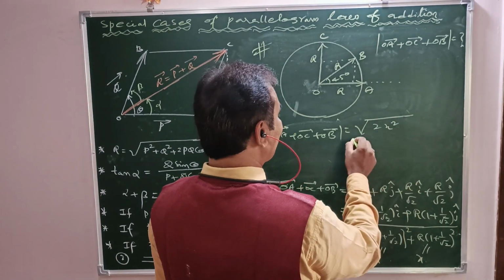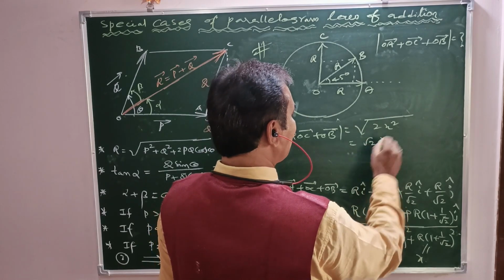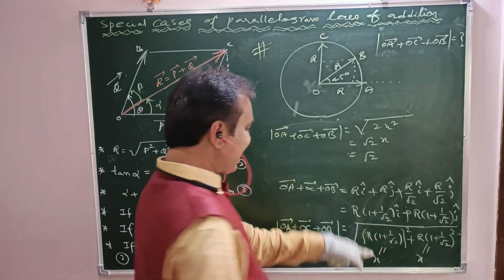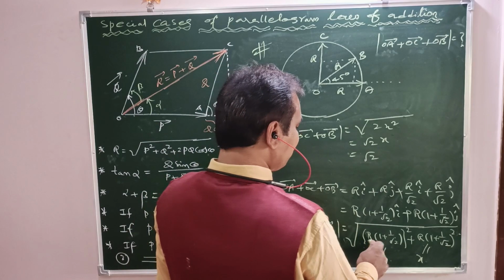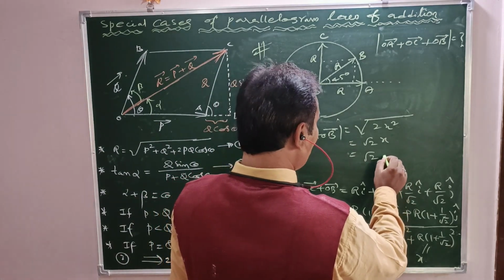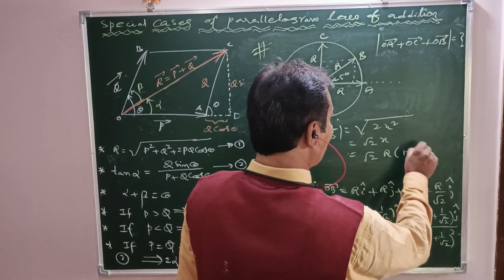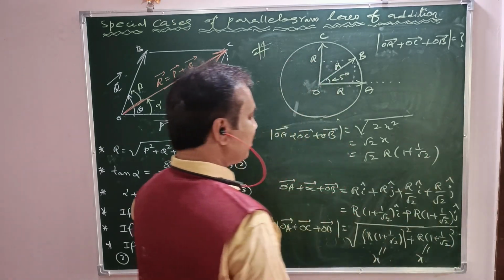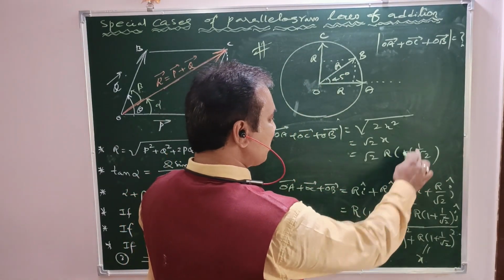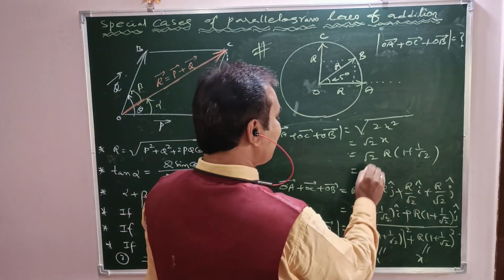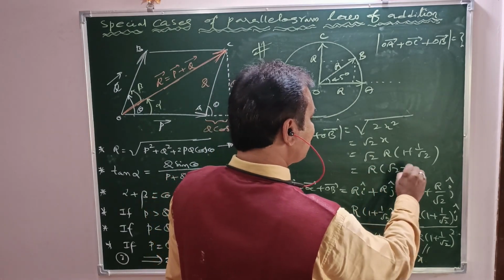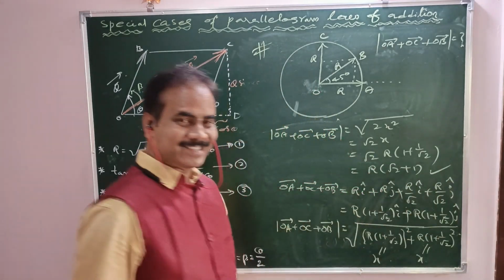Root and square cancel; we are left with root 2 into x. Once again, x means R into (1 plus 1 by root 2). Take the LCM: (root 2 plus 1) by root 2. Root 2 cancels. That is R of (root 2 plus 1). This is the final resultant.